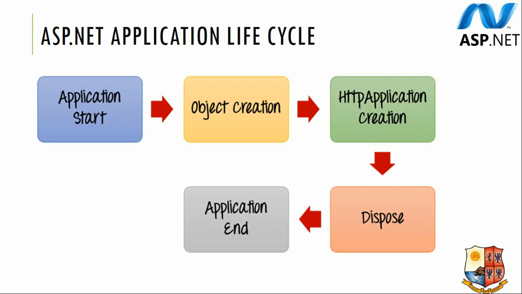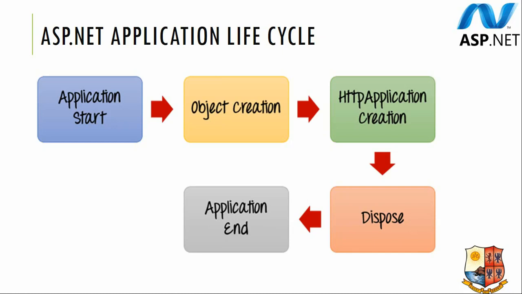This is the application life cycle in general, in a shorter form. Every website would have a different way of presenting the life cycle to you, but I think this is more than enough to learn the words which are here. Application start, object creation, HTTP application creation, dispose, application end. So start and end are there. In between there are only three things.